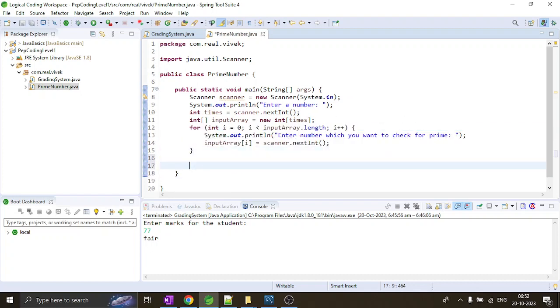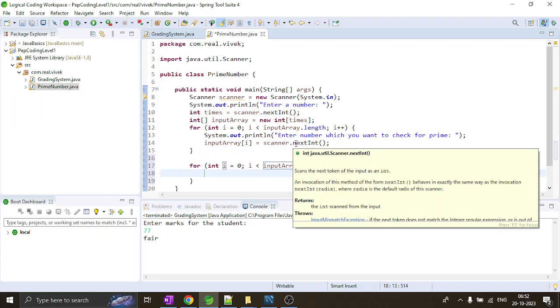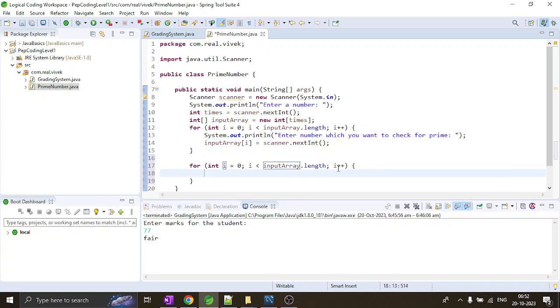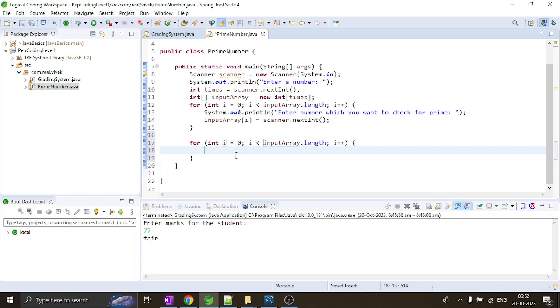And then what we do is iterate over that array again, which has the input elements, and check if the number is prime or not. So let's go with the basic brute force approach.